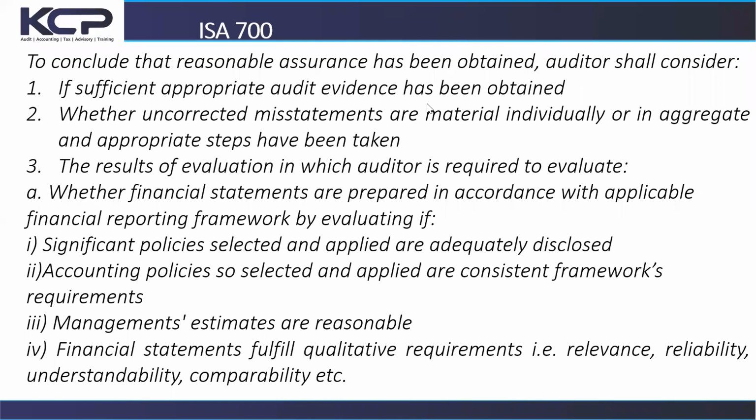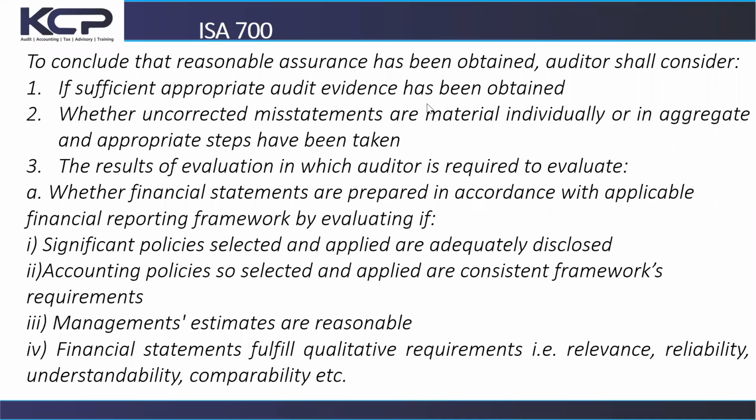All right. So the third point is the results of evaluation which the auditor is required to carry out. What are those things that the auditors are expected to evaluate? One, whether financial statements are prepared in accordance with the applicable financial reporting framework, by evaluating if significant policies selected and applied are adequately disclosed.